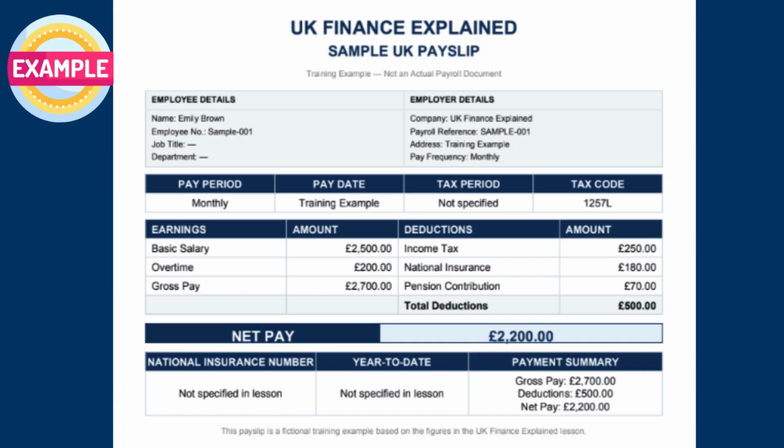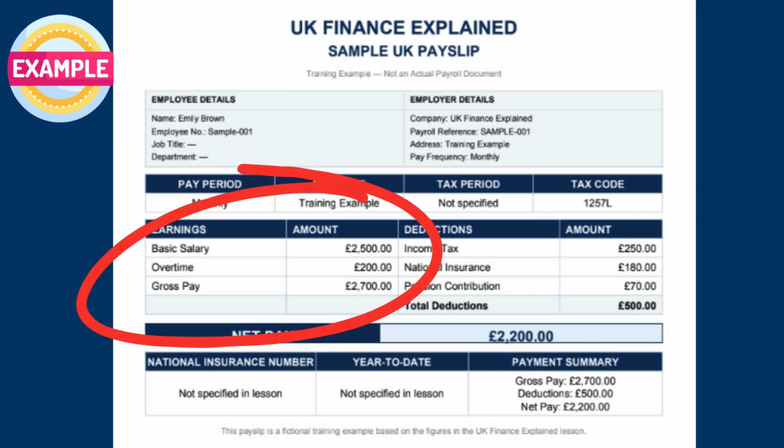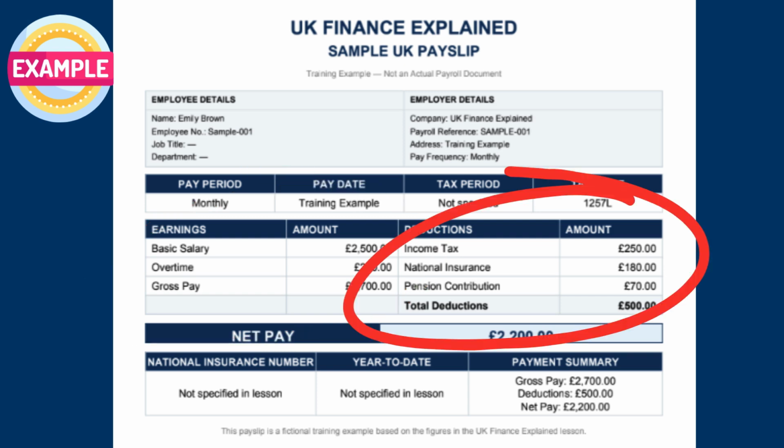Let's look at a simple payslip example. So we've got employee Emily Brown, and her basic salary is £2,500. She's got overtime of 200, so her gross pay ends up being £2,700. Then we've got income tax, national insurance, and pension, and the total deductions end up being £500.